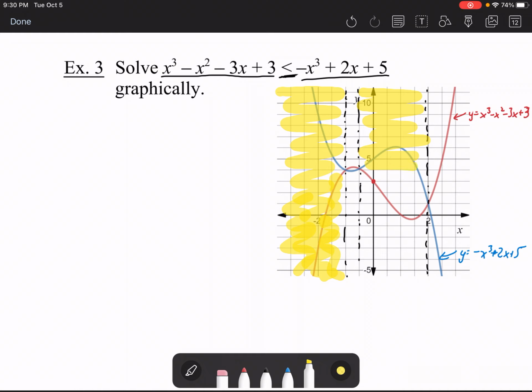This area is where the red function is lower than the blue function. So those are domains of x less than -1 or values between -0.5 and 2.